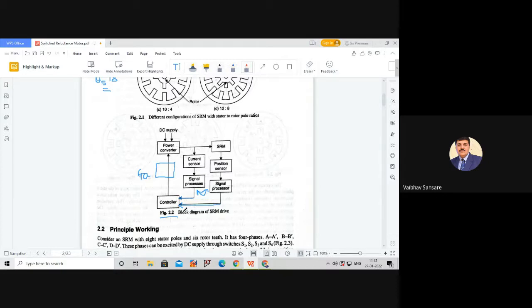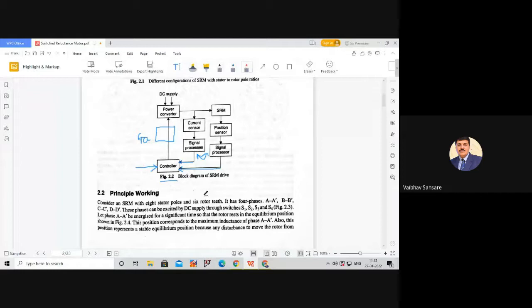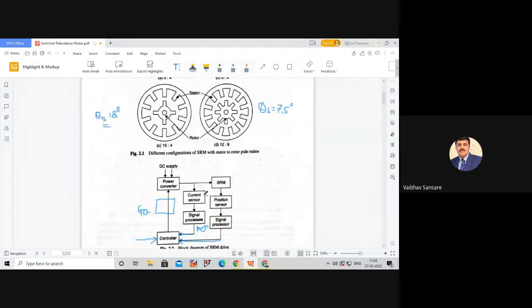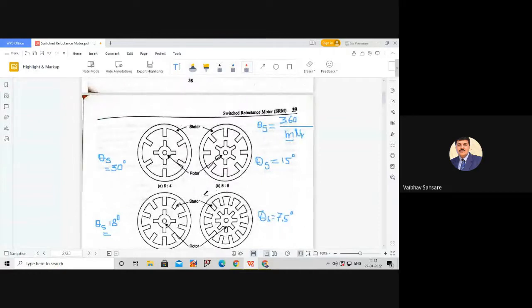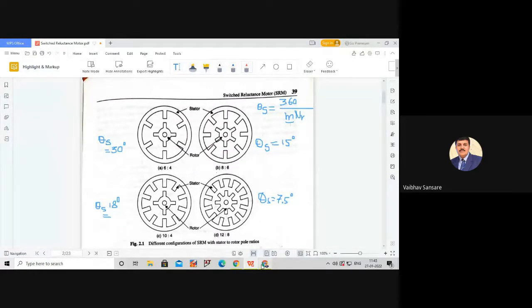Now, along with the current and position sensor outputs, the controller may be given an input of the required step angle. Whatever step angle is required is given as an input to this controller. We are going to discuss those things in the actual control circuits of this SRM. So this is about the construction of a switched reluctance motor.